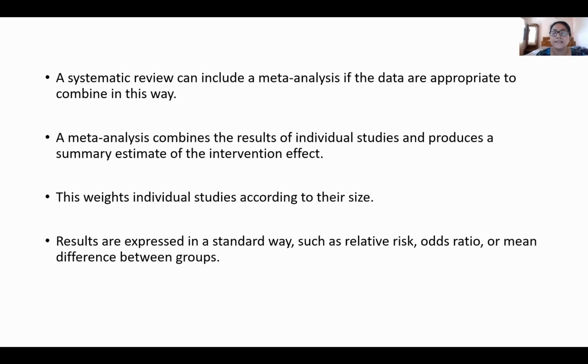The meta-analysis combines the results of the individual studies and produces a summary estimate of the intervention effect. The weights of the individual studies will vary according to their size. So every individual study is weighted. It is not like all studies carry equal weight. And the results are expressed in a standard way, such as relative risk, odds ratio, or difference between two groups.